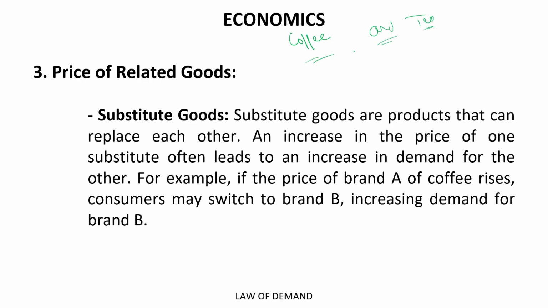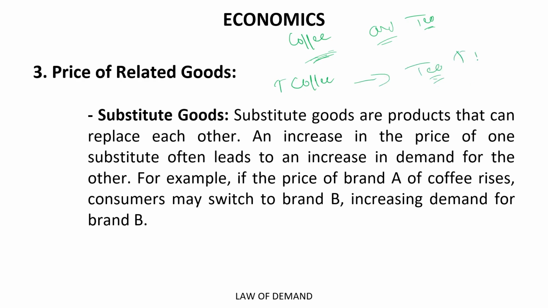So coffee and tea could be replaced or substituted with each other. Okay, if you are a person who only prefers one of them in any circumstances, then I can't say. But in normal circumstances, coffee and tea could be replaced. So suppose the price of coffee goes high, then what will happen? People will start shifting to tea.